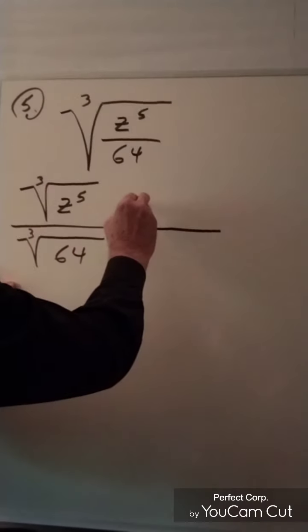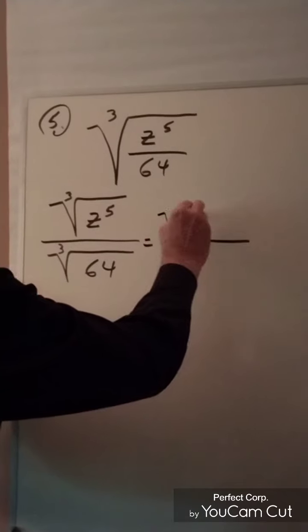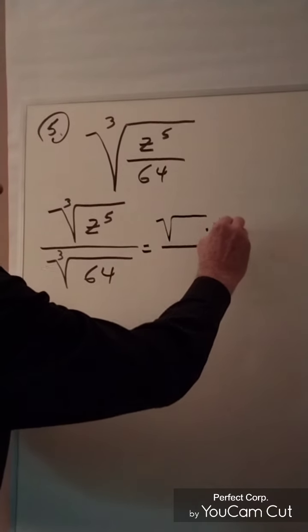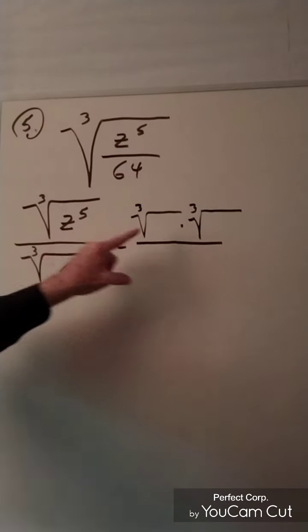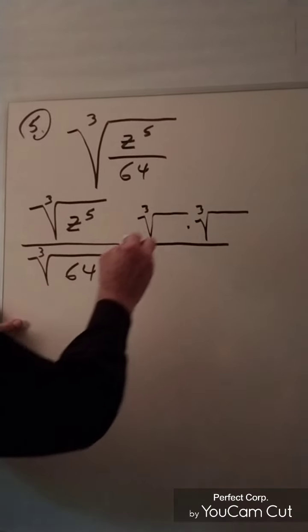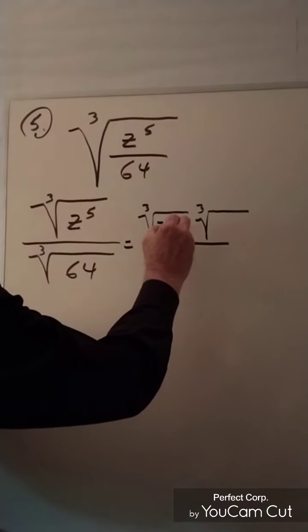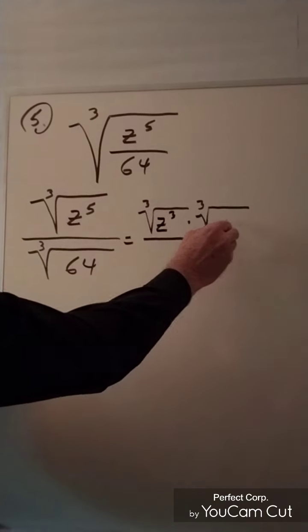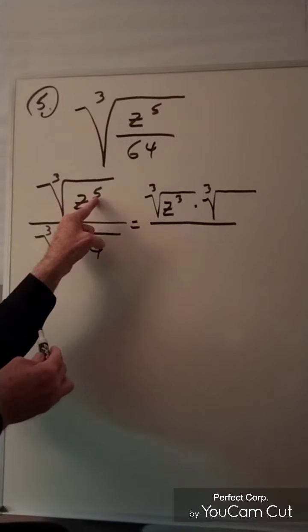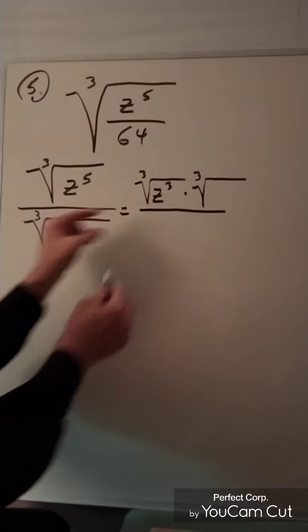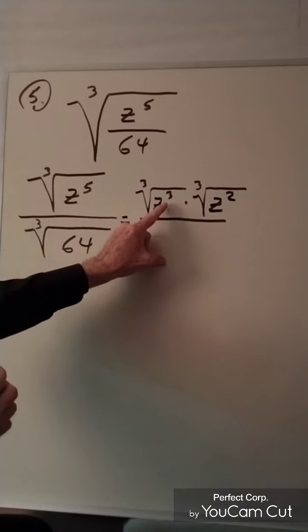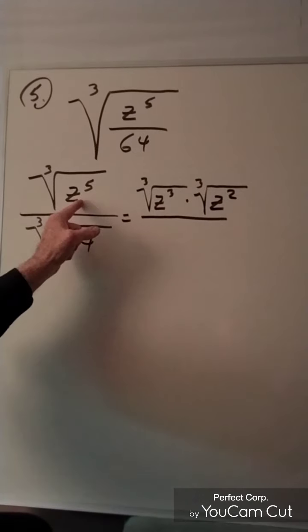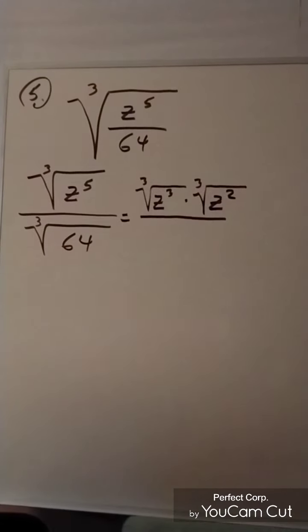So we're going to use the product rule of radicals and split. In the rational house, Z cubed. And in the irrational house, 5 minus 3, Z squared. You see, the product rule will get this back to Z to the 5th, so we've done it right.